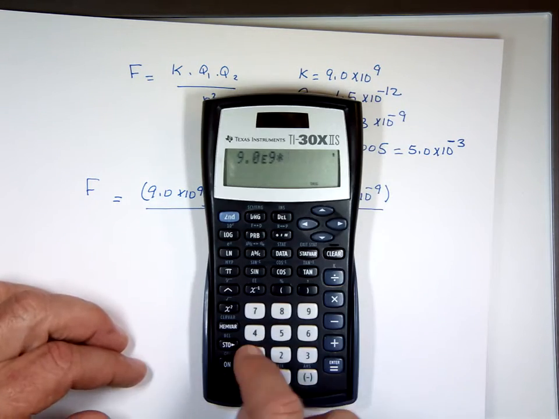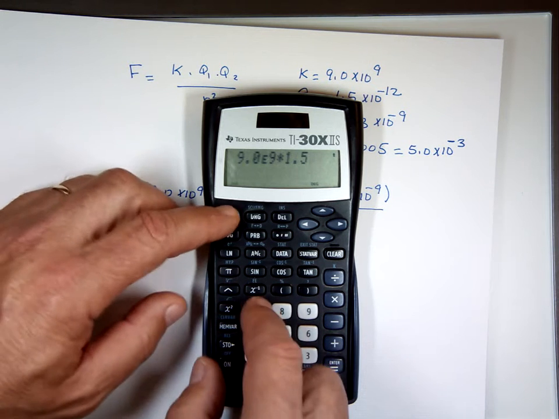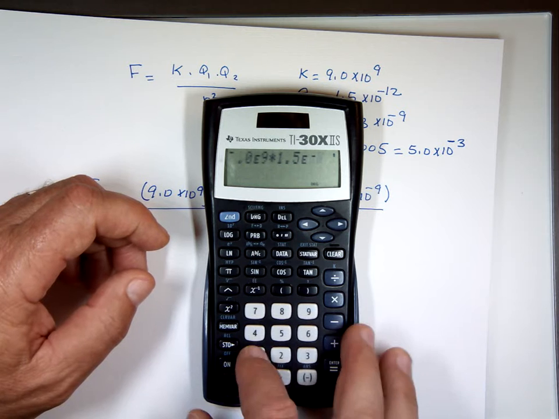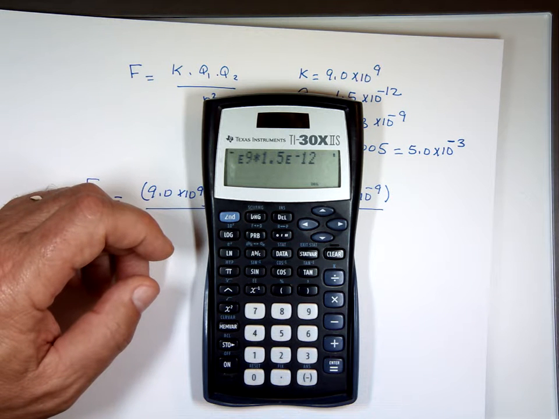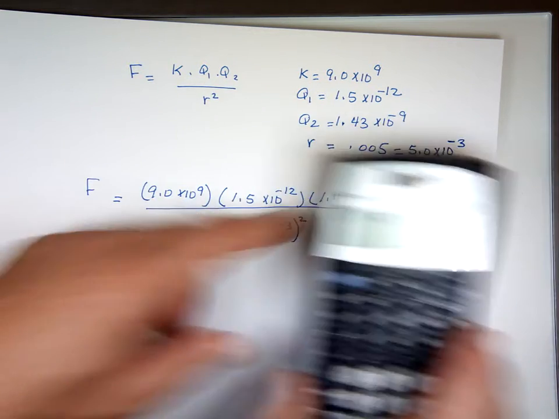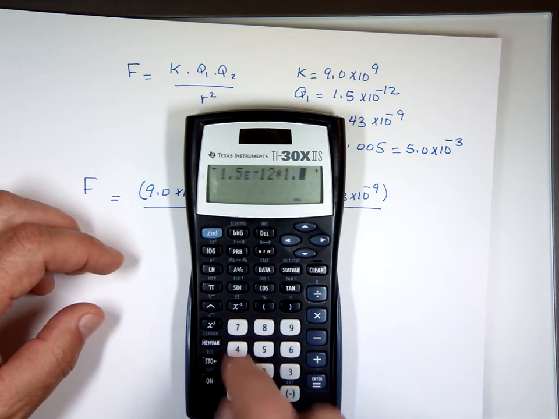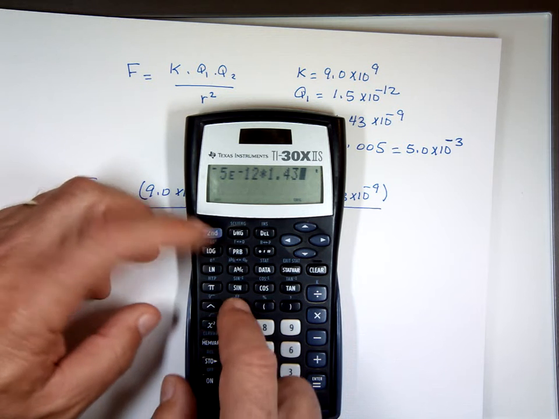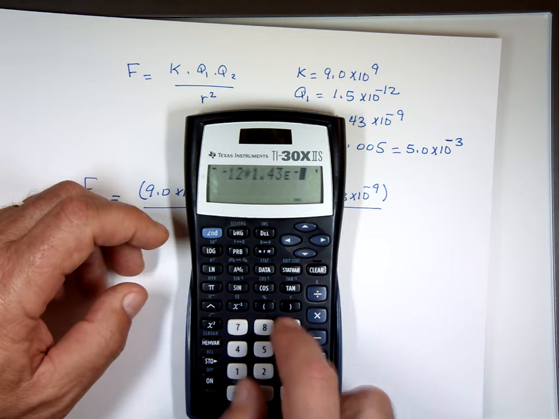I go 1.5 EE. Negative 12. Times 1.43 EE. Negative 9 equals.